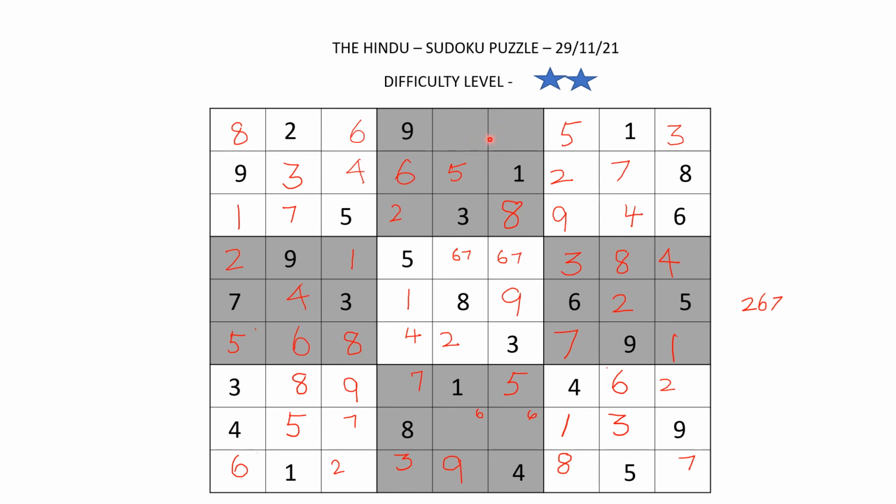So this takes 7. And this becomes 4. So obviously this 7 blocks here and this becomes a 6. And this becomes a 7.